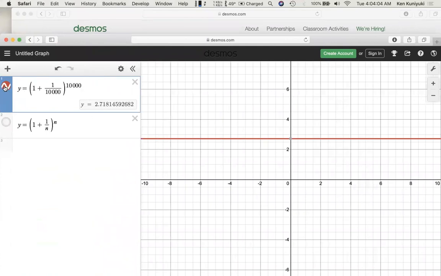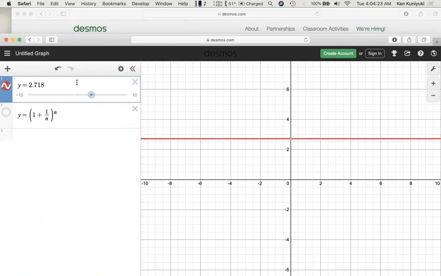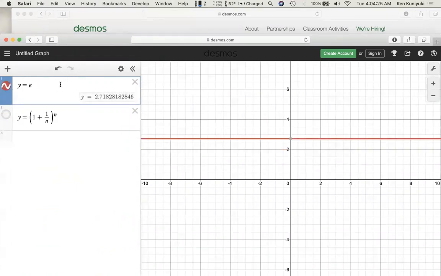Now let's consider the graph of y. Well, this is so close to E, we may as well call it E. Let's graph y equals e, a constant. Y equals a constant. Take a look at this.